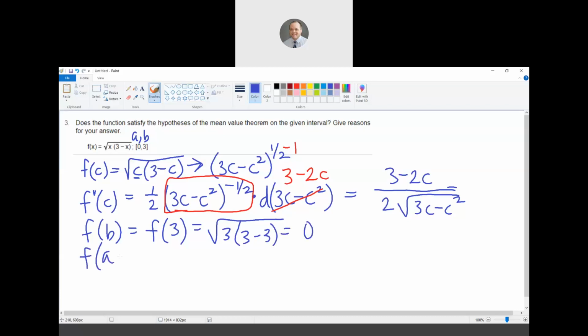Next, find f of a, with a being 0, and do the same thing. Go back to your original function and replace each x with 0. And that will also give you 0.